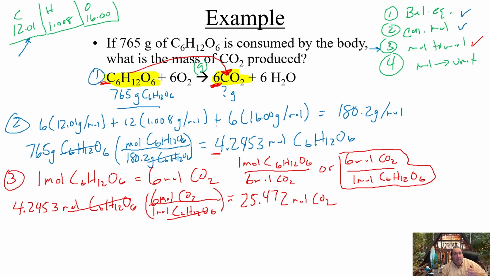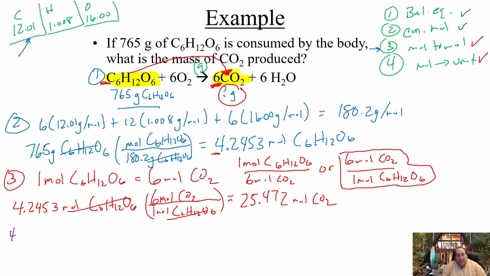If I wanted moles of CO2, frankly, I would be done at this point. I could put a box on it, but I don't want moles. I do want grams. So we do need to do step number 4, which is to convert our moles of CO2 to grams.